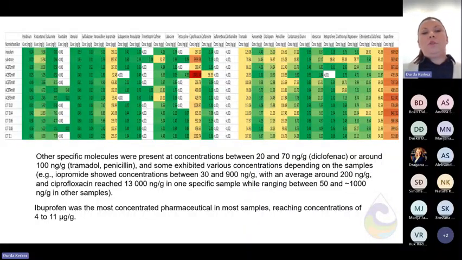Imipramine showed concentration between 30 and 900 nanograms per gram, with an average around 200. Ciprofloxacin reached 13,000 nanograms per gram in one specific sample, and ibuprofen was the most concentrated pharmaceutical in most of the samples, reaching concentration up to 11 micrograms per gram.